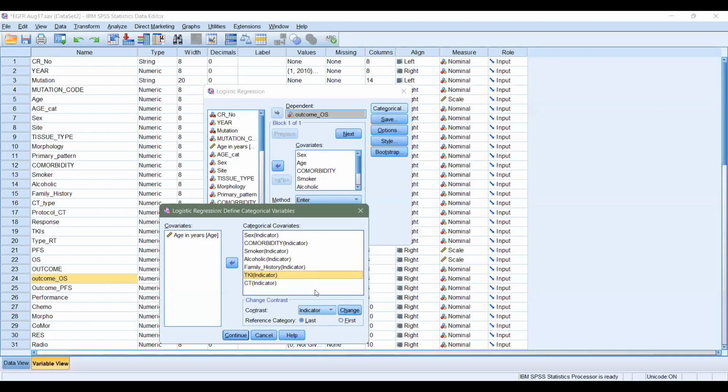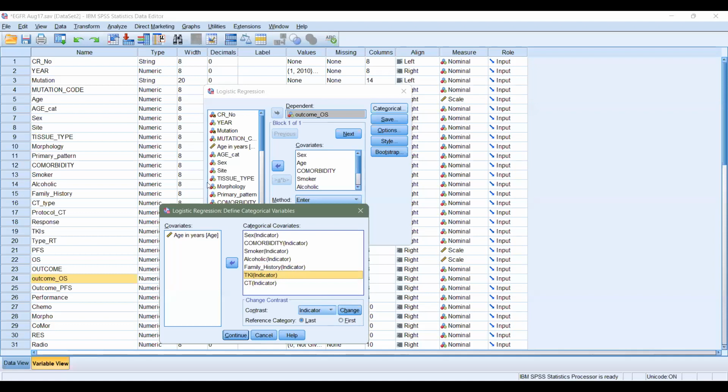That depends on you, what reference category you want to interpret for. If I have coded 0, 1 for smokers and I want to interpret for 1, then the last category will not work in that case. So let me go back and check what I have coded here.